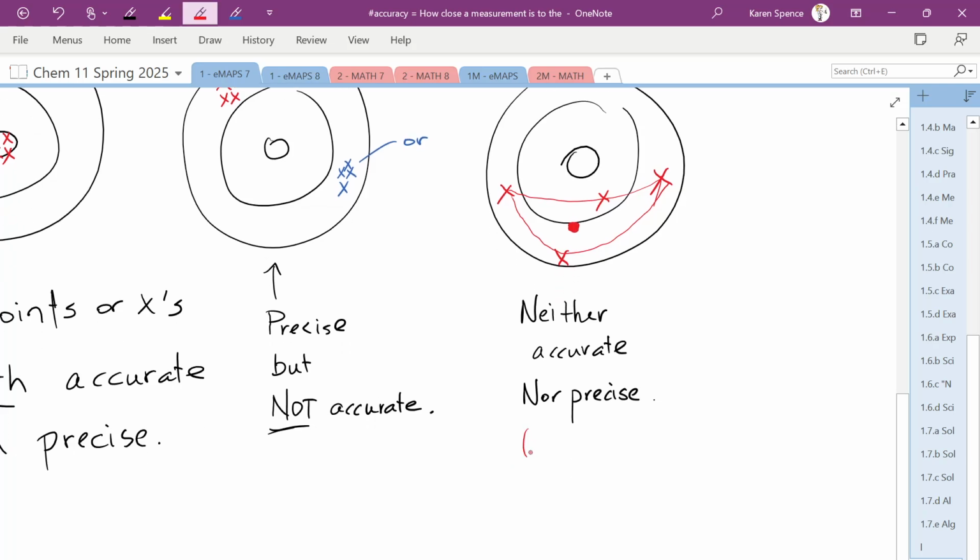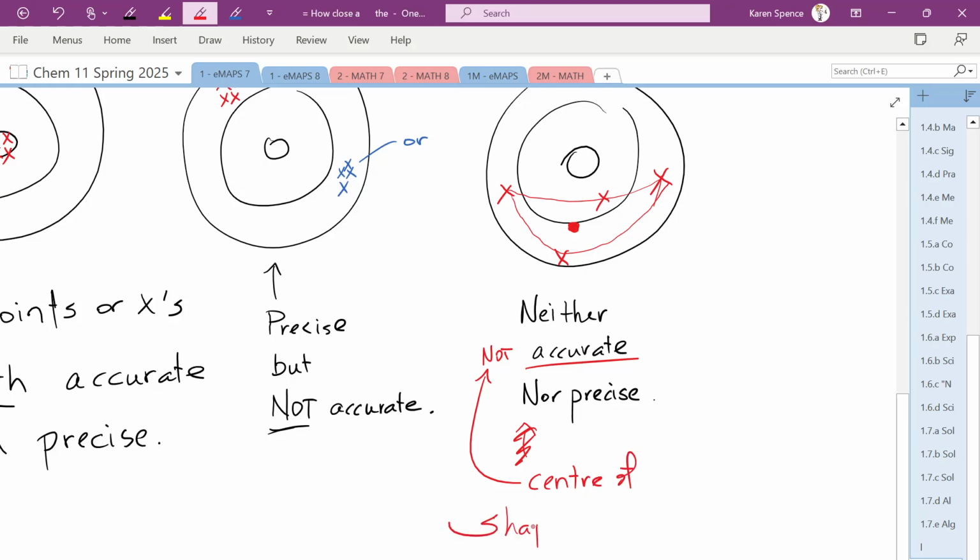So if it's not accurate, we need the center of the shape to not be at the bullseye.